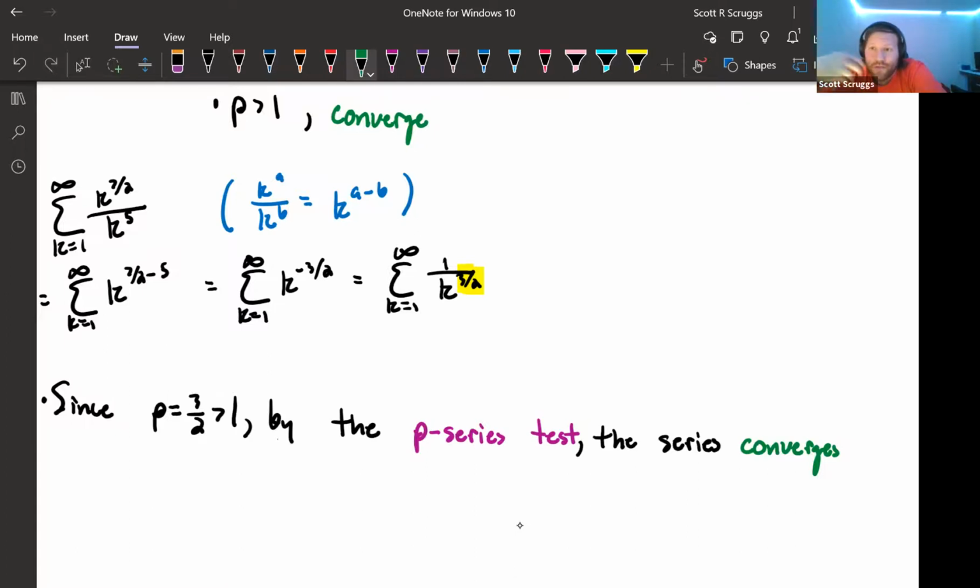Converges to something? Well, it converges to something, but I have no idea what that number will be. So the best I can tell you is it converges to something. I don't know what though. Any questions here about P-series tests or that in general?